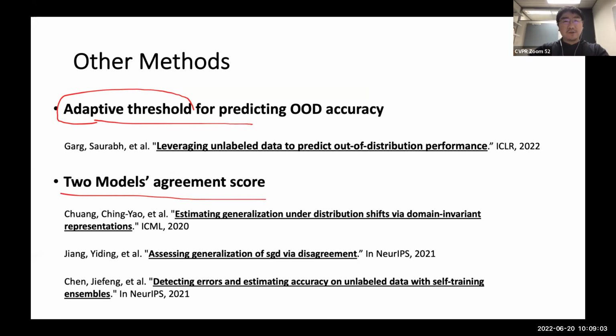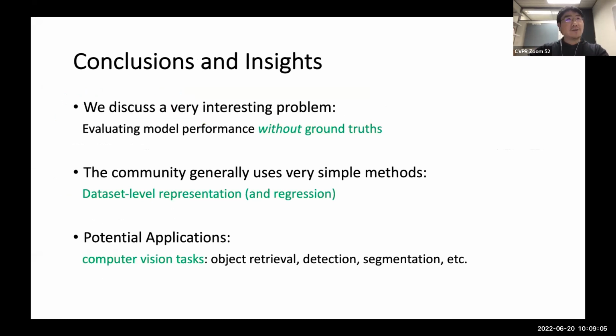Okay, so I'm going to conclude my talk. In this talk we discussed a very interesting problem, that is how to evaluate models without ground truth. And the community generally uses very simple methods now, that is dataset level representations and regression.